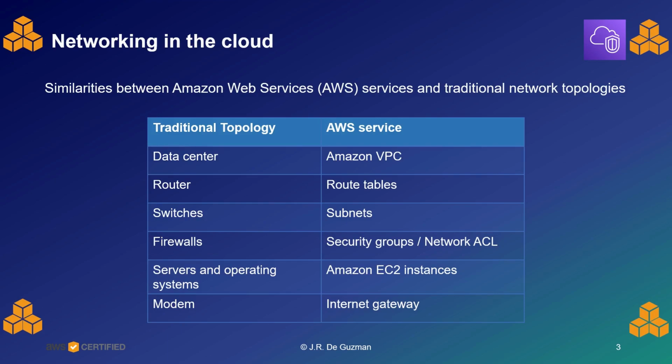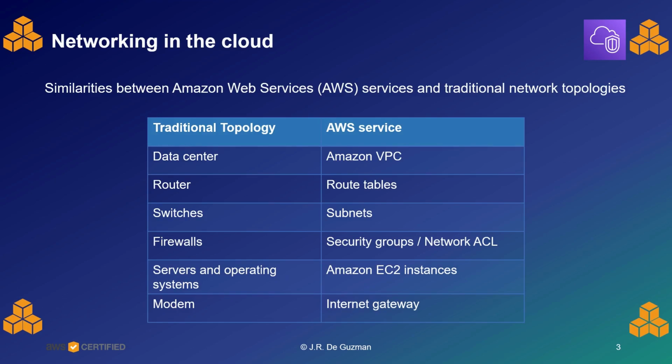Next, we have the servers and our operating system. A data center has servers and operating systems. In AWS, you can use EC2 instances to launch an array of servers or operating systems. Everything must be connected to the internet through an internet service provider, or ISP.